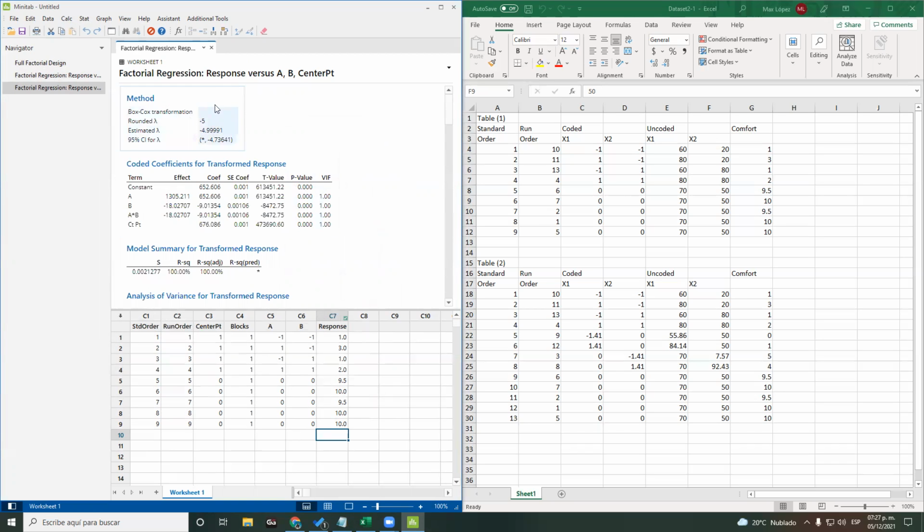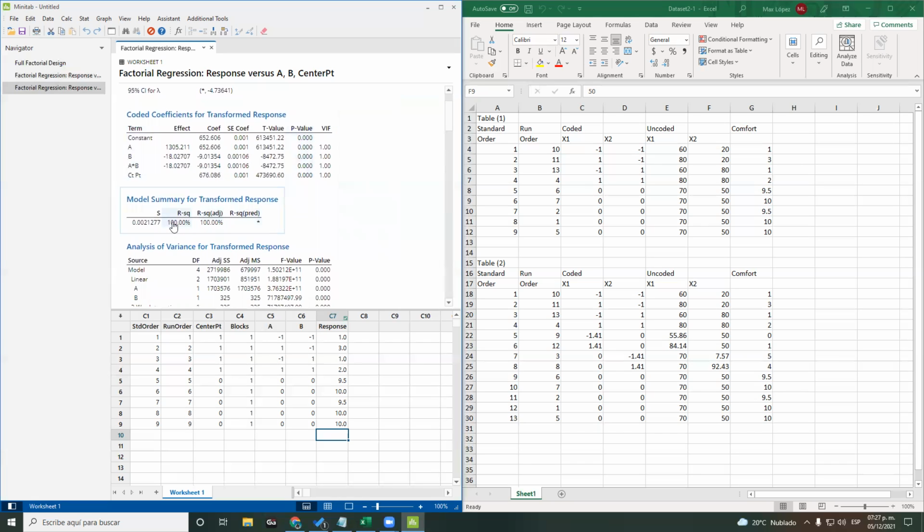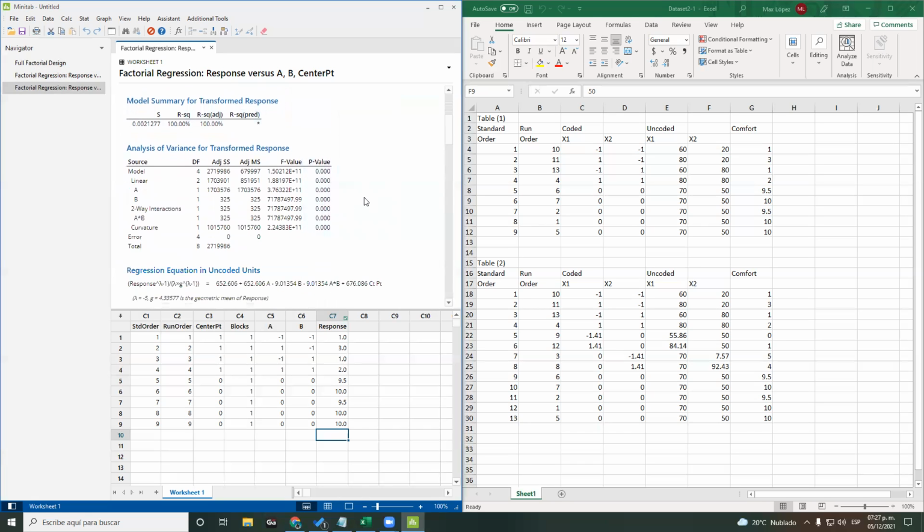Okay, so we consider it reasonable to use -5 as lambda for the transformation. And now we can see that the effects of A and B and the interaction are significant, our standard deviation improved, and R squared and R squared adjusted improved. They are practically 100%.